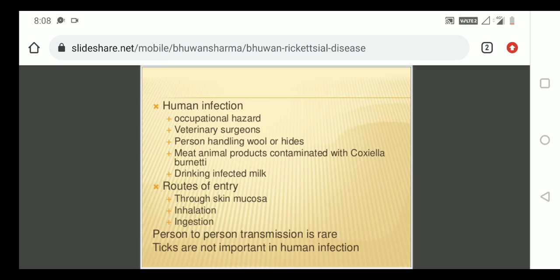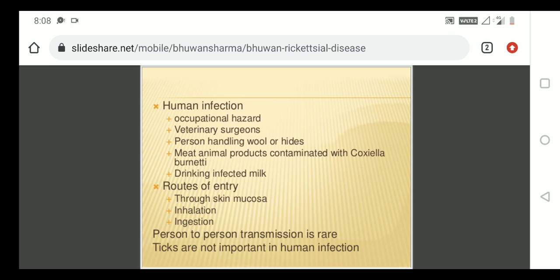So human beings get this condition if they work in infected animal farms, or are surgeons, or handle wool from sheep. And if you consume meat products from a contaminated animal, or drink milk without pasteurization from a contaminated animal, you will get the condition.